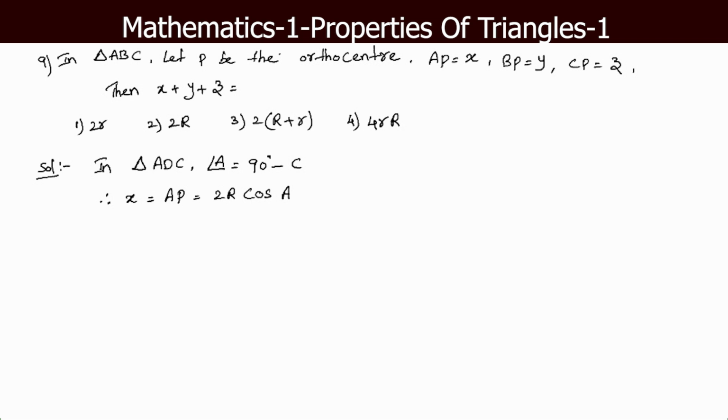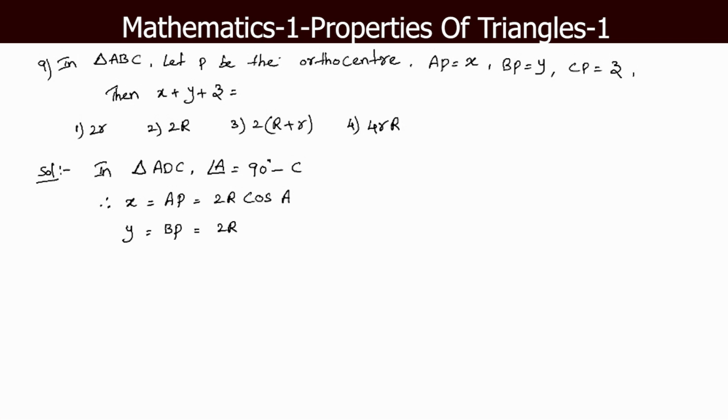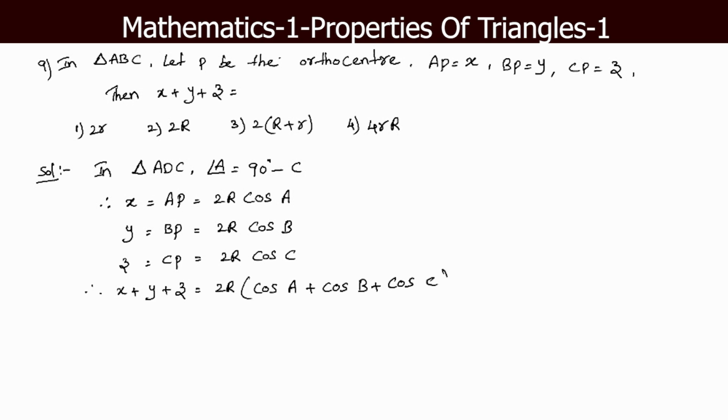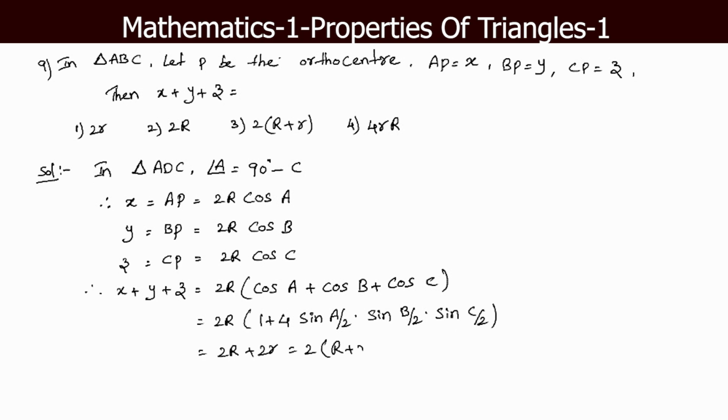The distances of the orthocenter of a triangle from the vertices A, B and C are respectively 2 capital R cos A, 2 capital R cos B and 2 capital R cos C. So here X plus Y plus Z is equal to 2 capital R into cos A plus cos B plus cos C, and that is again 2R into 1 plus 4 sin A/2 sin B/2 sin C/2. That is again 2 capital R plus 2 small r, which is equal to 2 into capital R plus small r. So the answer is option number 3.